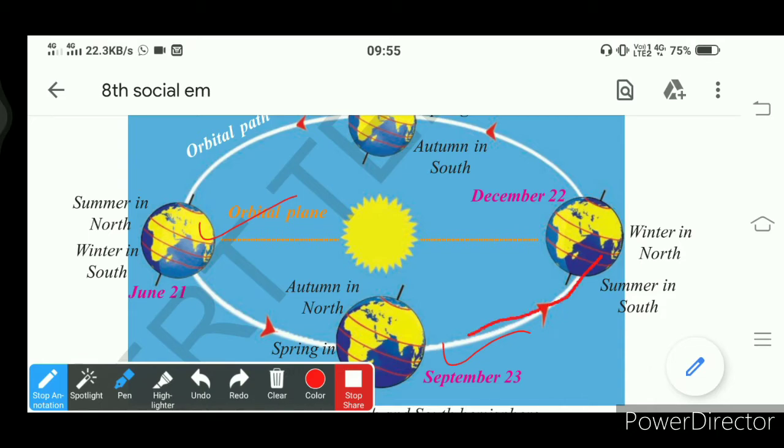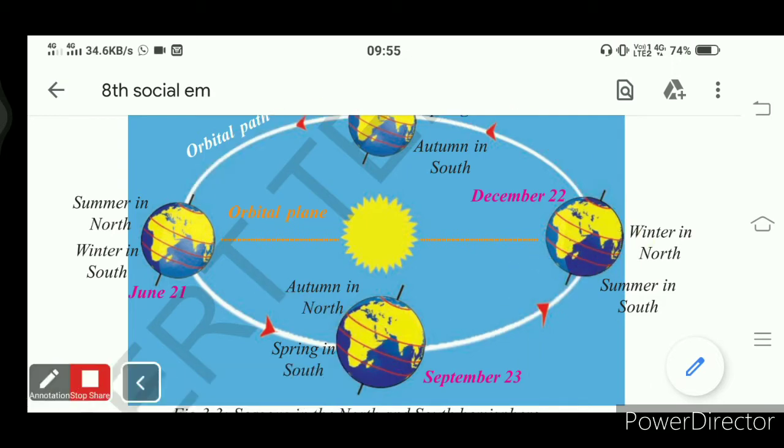Again in December, we see that the sun shines over the Tropic of Capricorn. Here it is the Tropic of Capricorn. So it is very clear that there is a difference in the area of the earth absorbing insolation directly, right?